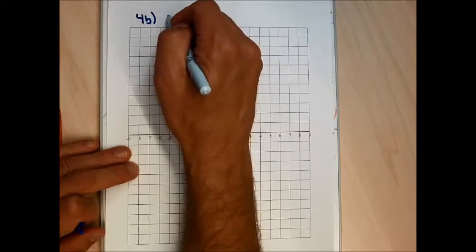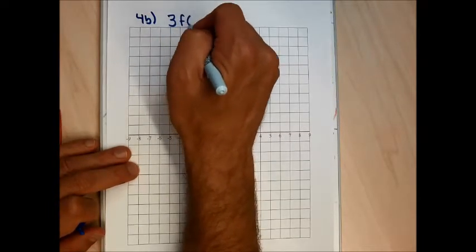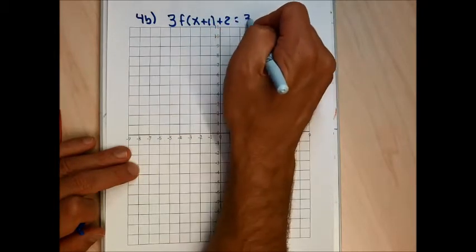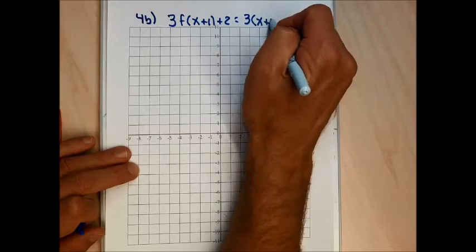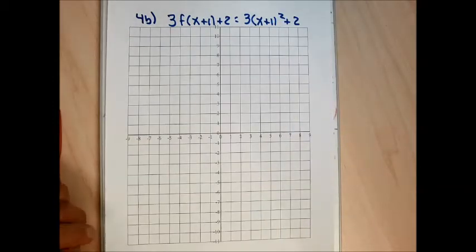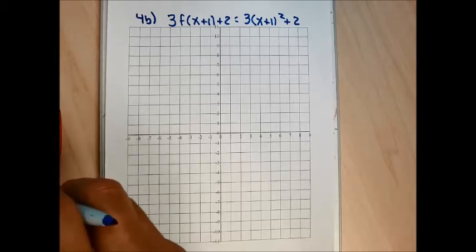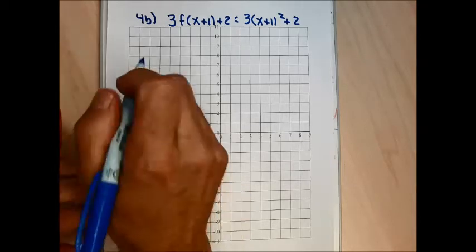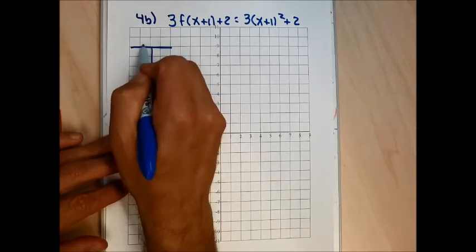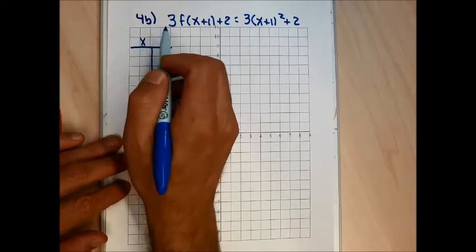So I'm graphing the function 3 times f of x plus 1 plus 2, which is 3 times x plus 1 squared plus 2. The table of values I'm going to use is going to have 5 numbers in the x column. And if you took me for intermediate algebra, you know how I generate these tables.